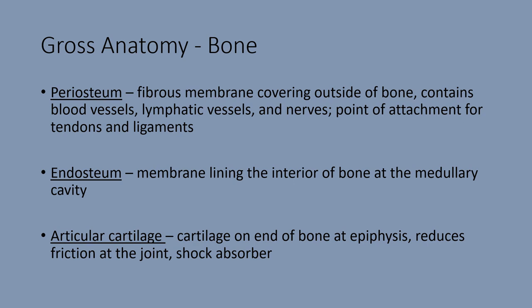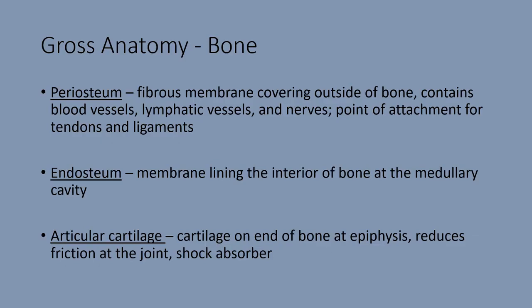The endosteum, endo means in, so this is going to be the membrane inside the bone, and it's actually lining the interior part of the bone around the medullary cavity. And then, like I said, that articular cartilage is going to be on the end of bones, so it's on the epiphysis. It can act as a shock absorber, and like I said, it's very important in a joint that it's reducing that friction.